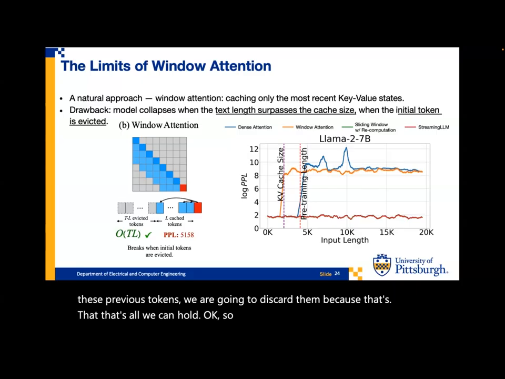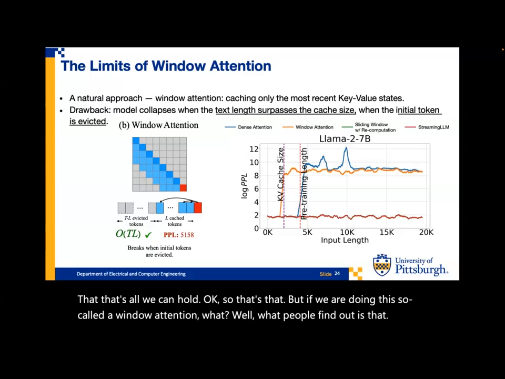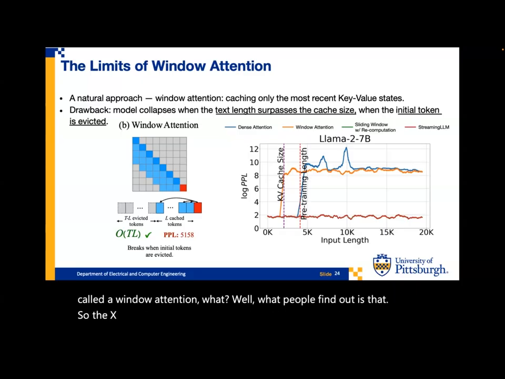But if we are doing this so-called window attention, what people found out is this. The x-axis is the input length, the y-axis is the perplexity. This is the dense attention.